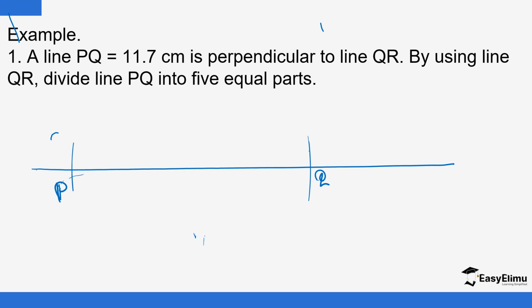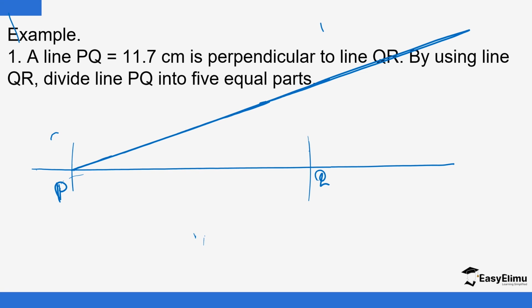So I'll draw this line. This line I just draw randomly that way. And then I will divide it into 5 equal parts. Let me make it a little bit longer. That way.